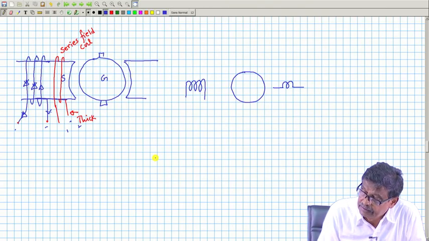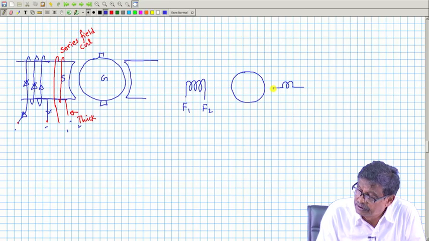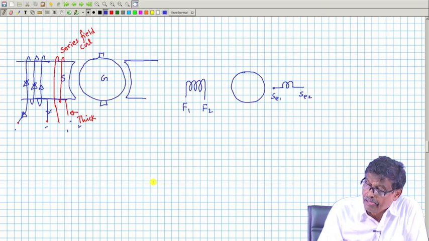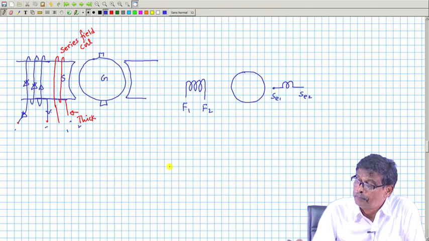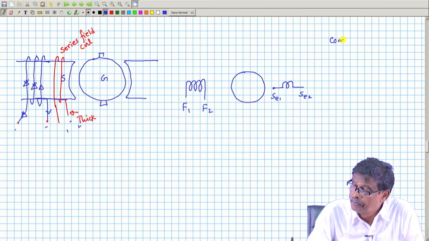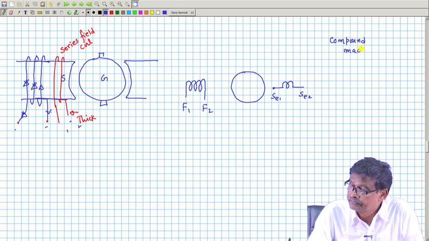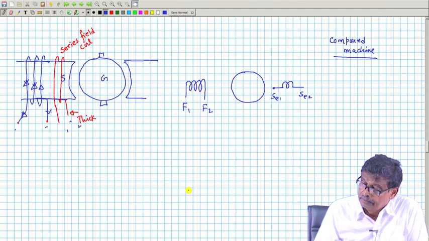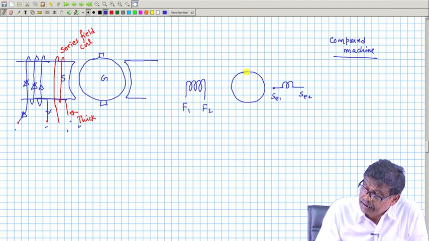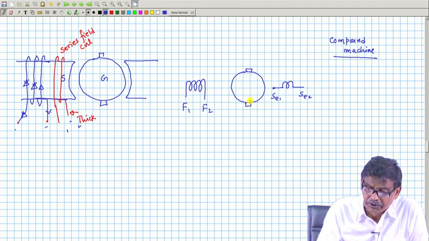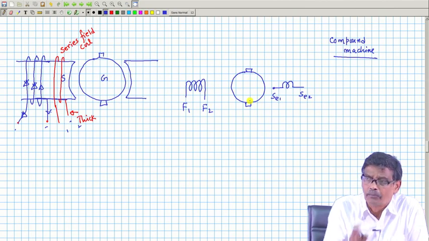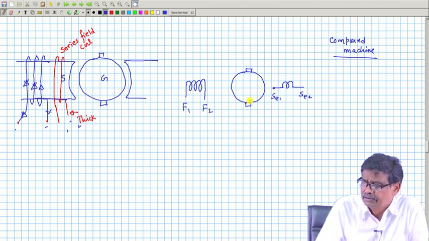These two are field terminals and these two are series field terminals, and then it is called a compound machine. And these are the armature terminals without any interpole and compensating coil. Okay? It is like that.